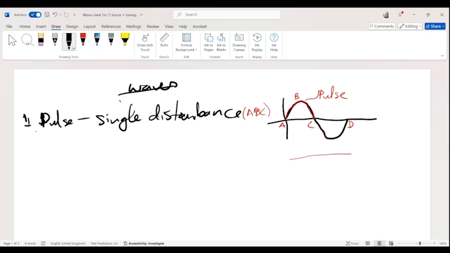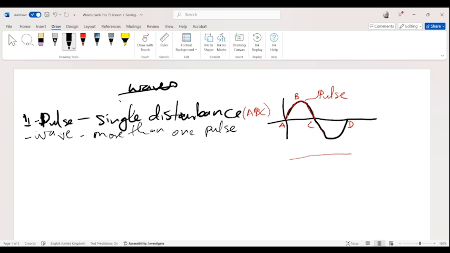Now, what is a wave? A wave is made up of more than one pulse.